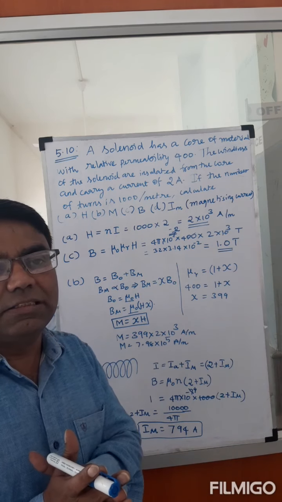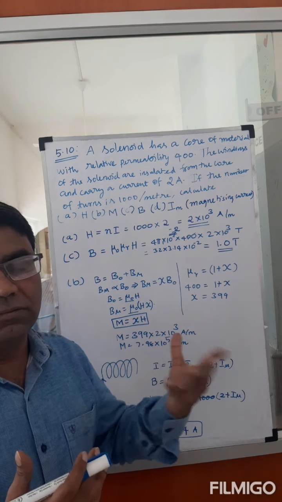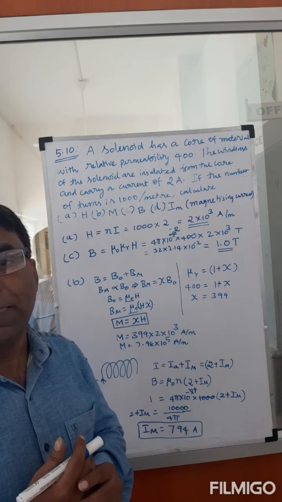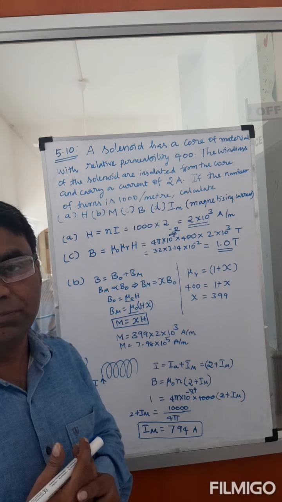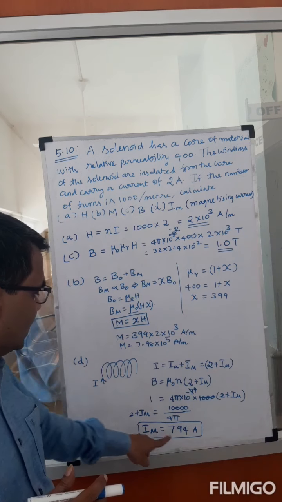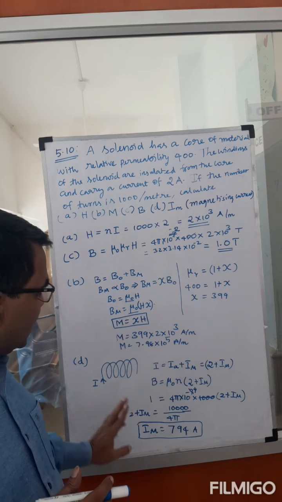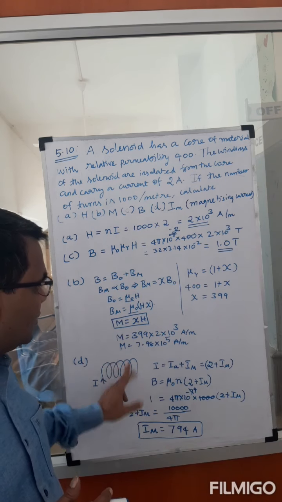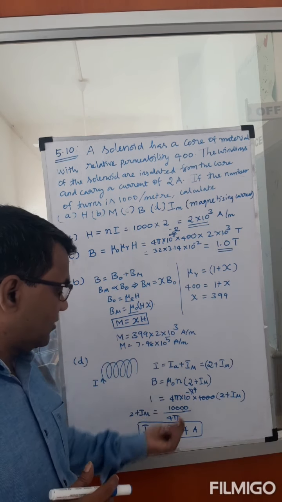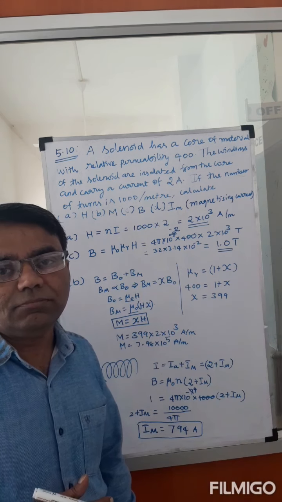That is the reason we use the core to produce a high value of magnetic field strength. If the core was not there, I must send in 796 amperes to produce B. But now I send only 2 ampere current through the coil to produce 1 Tesla. So the magnetizing current is 794 amperes. That's the idea. Hope it's clear to you.